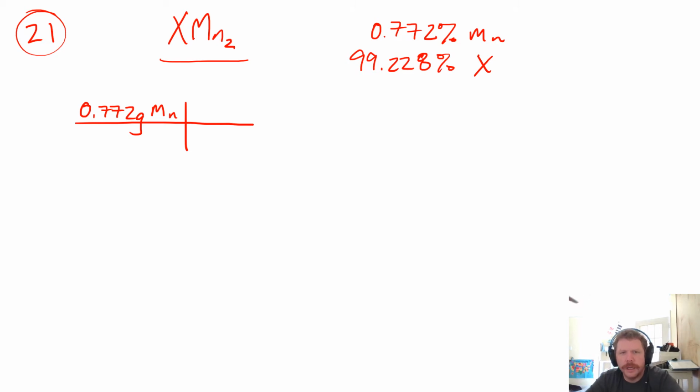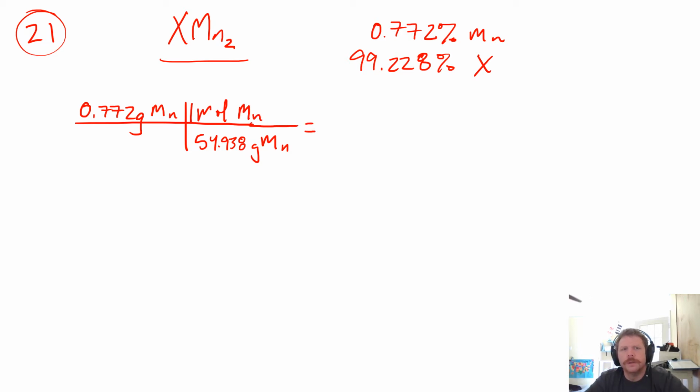Looking at the periodic table, I can see that the molar mass of manganese is 54.938 grams of Mn is 1 mole of Mn.